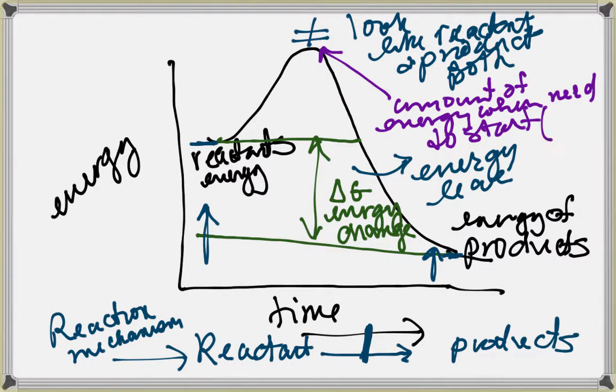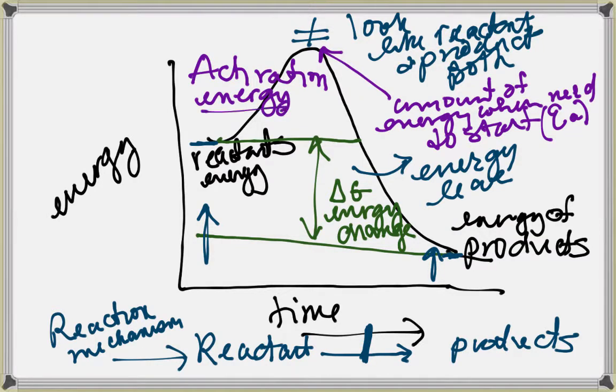This is what we see as a big E with a little a, or it's known as, and I'm going to write it over here, activation energy. And we're going to talk more about this later. So this is what we need for a reaction to be spontaneous. If it doesn't look like this, it won't be spontaneous.